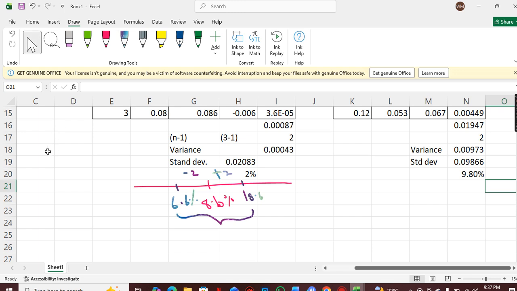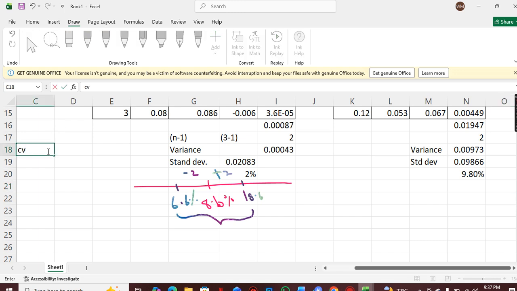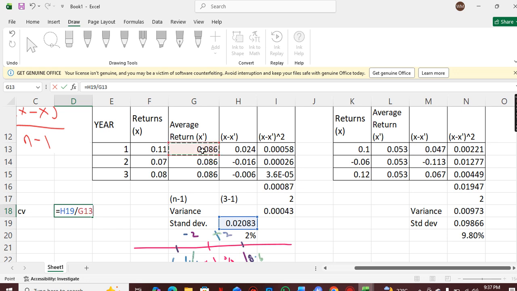So for investment A, the coefficient of variation: our standard deviation, 0.02083, divided by our average return, 0.086, gives you 0.24. This is telling us that for every 1% return, we incur 0.24% risk.